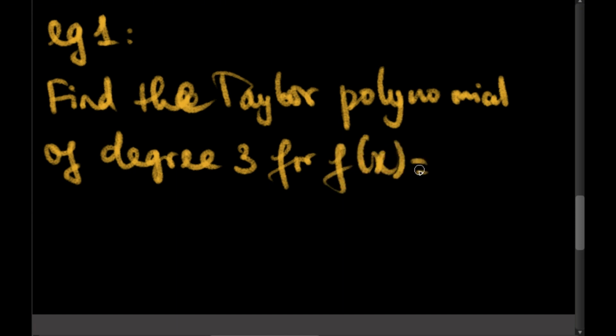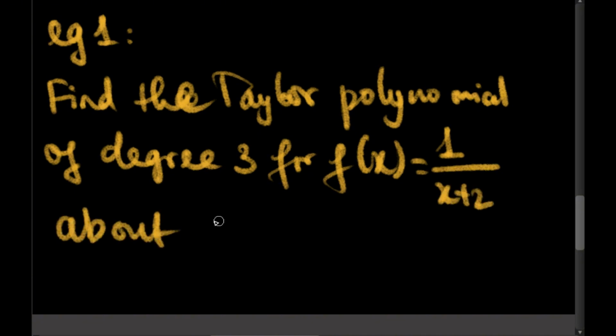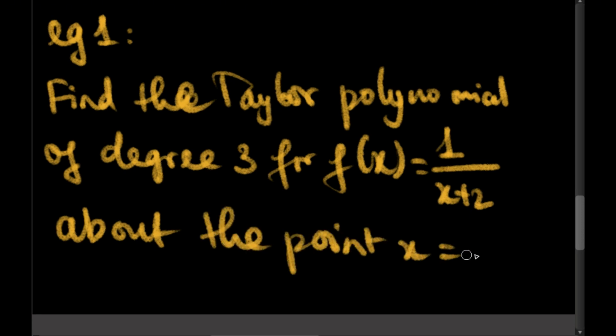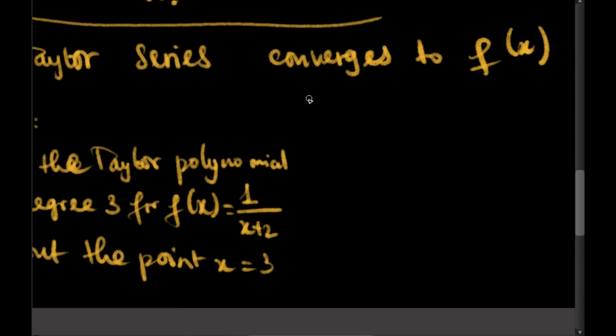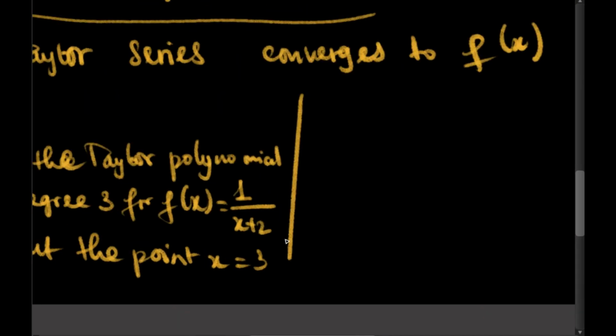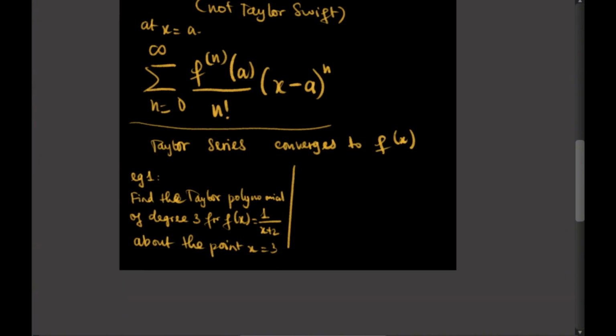This is a function, and I'm going to pick this function, about the point x equal to 3. So here our a is 3. And now let's solve this problem.